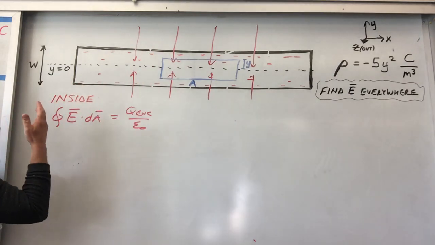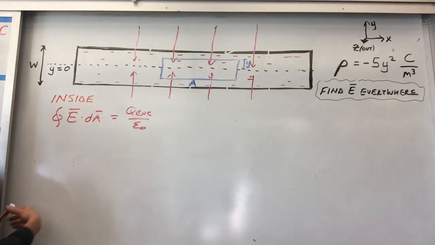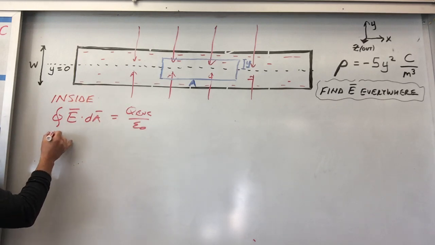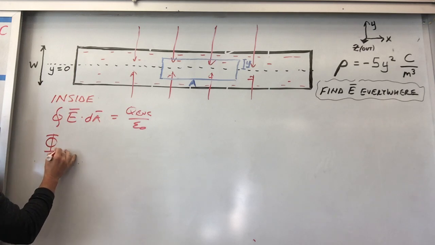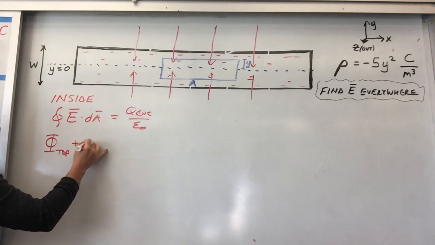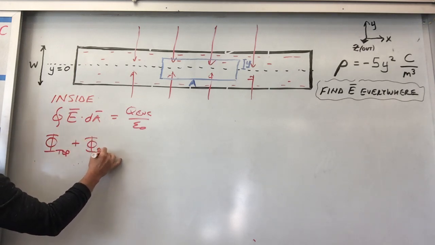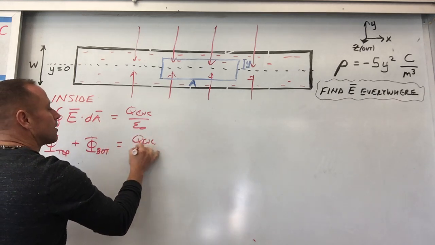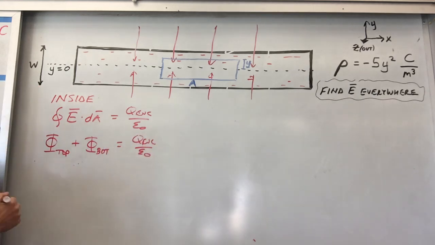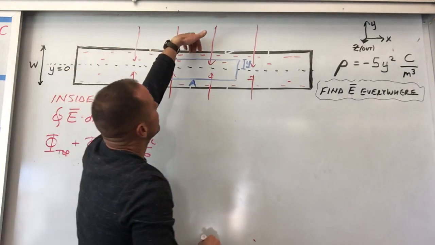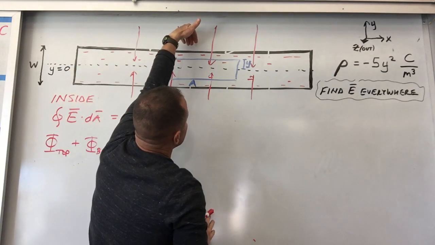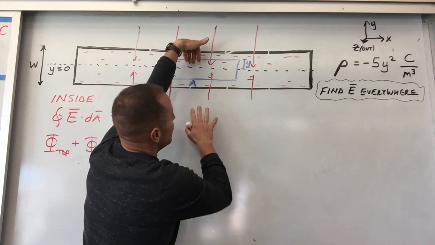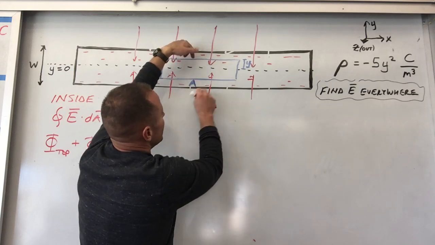So the flux is going to be the flux through the top and flux through the bottom equals Q enclosed over epsilon naught. Well, the flux through the top, it's coming inward, so you'd say minus E times A for the top and minus E times A for the bottom.